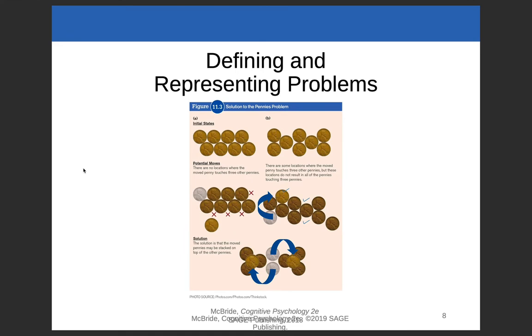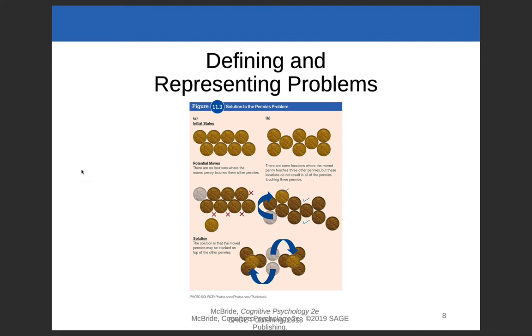And you can get to a bunch of different solutions, right? You can try, for example, in the first stack, removing one of the pennies, but then you've got a situation where not all the pennies are touching 3. In the other stack, you can try moving a penny around, but again, you've only got some of the pennies touching 3 and only 3 pennies. The solution is pretty simple if you look at it.